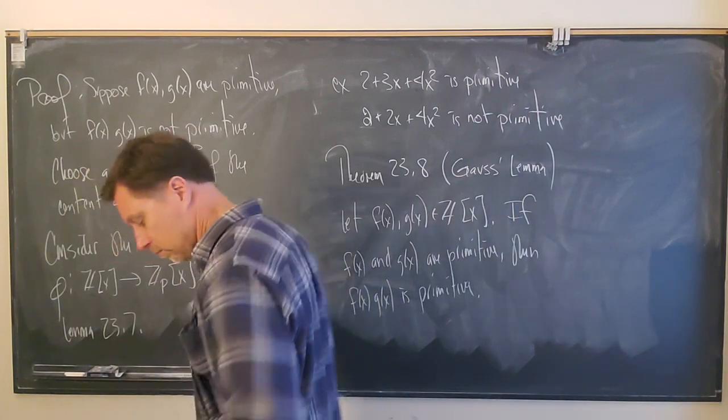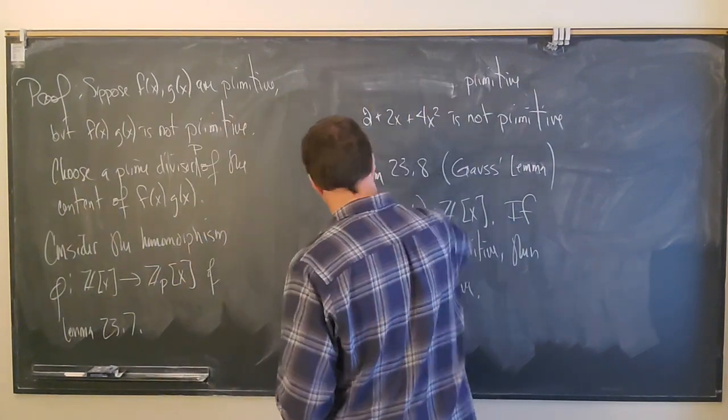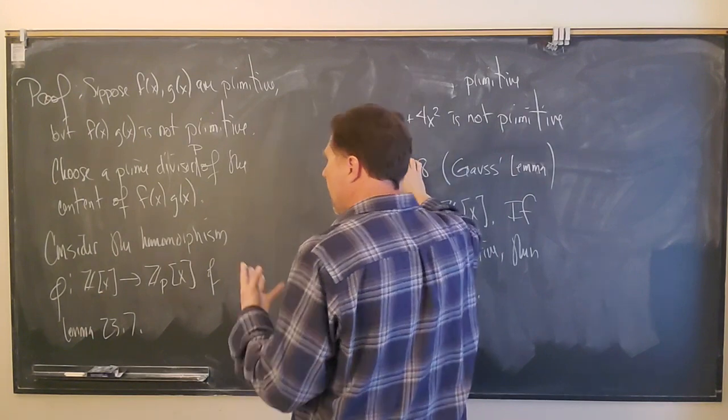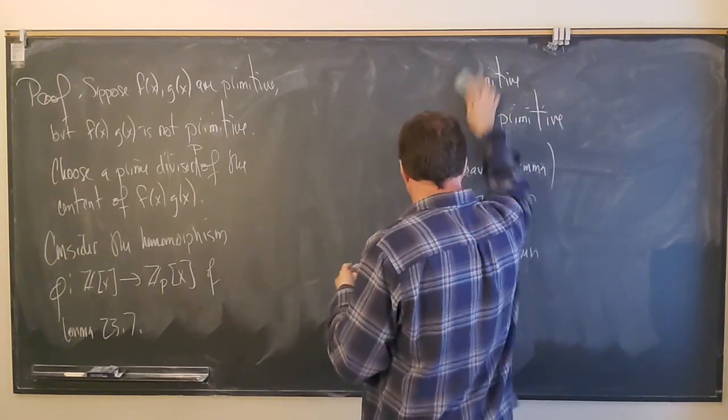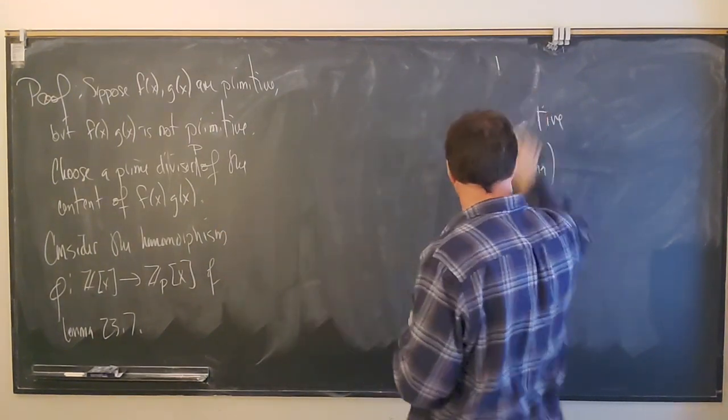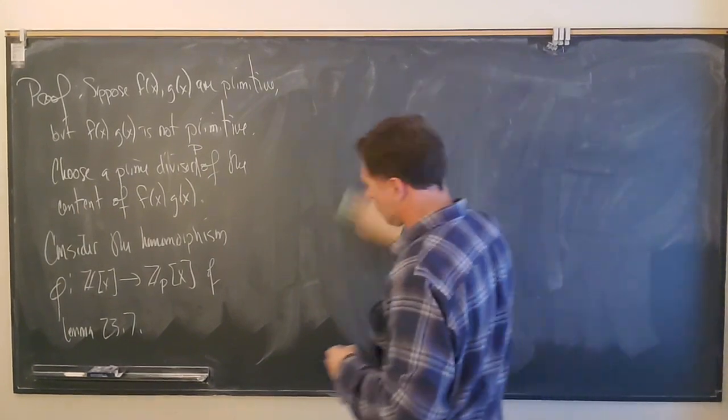Now, what we know is that this prime divisor of the content divides every coefficient of f of x times g of x. Right?